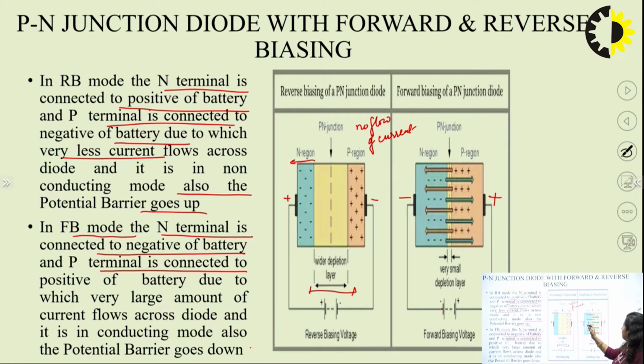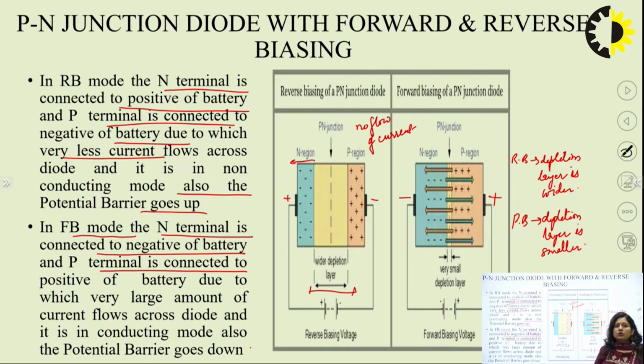The negative electrons will get attracted to the positive terminal of the battery, and the positive holes will get attracted to the negative terminal of the battery, and they will cross the junction. So a very small depletion layer is there. In case of reverse biasing, the depletion layer is wider, but in case of forward biasing, the depletion layer is smaller.